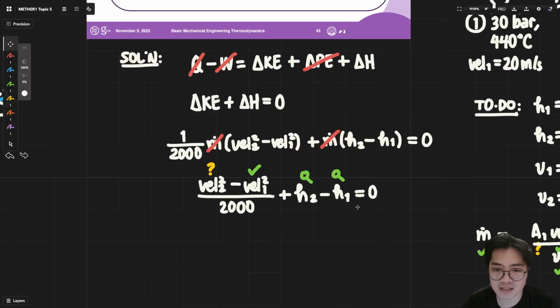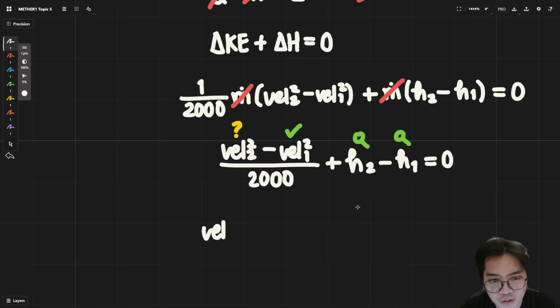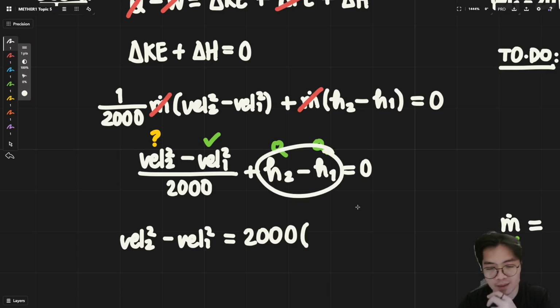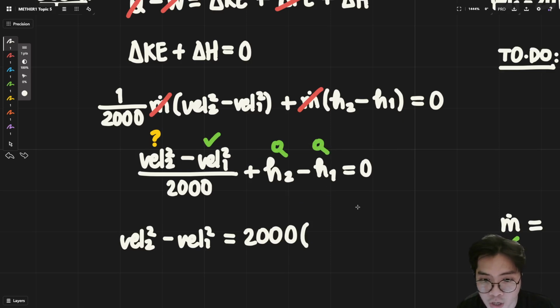Okay, the thing about this is, again, I'm quite old school. I will solve for this the old school way, which is you put this to this side and then multiply both sides by 2000. You'll get something like this. V2 squared minus V1 squared is equal to 2000 times, because I'm now flipping them to the other side, they will get negatives. So instead of h2 minus h1, I will go h1 minus h2.